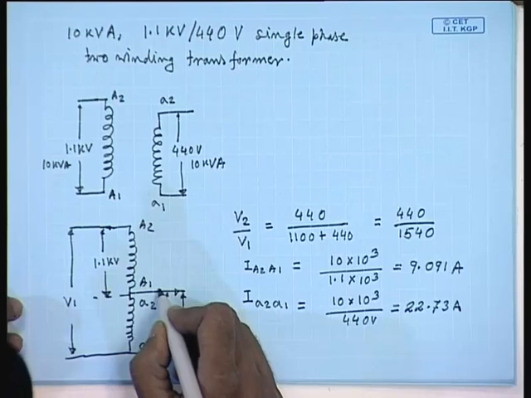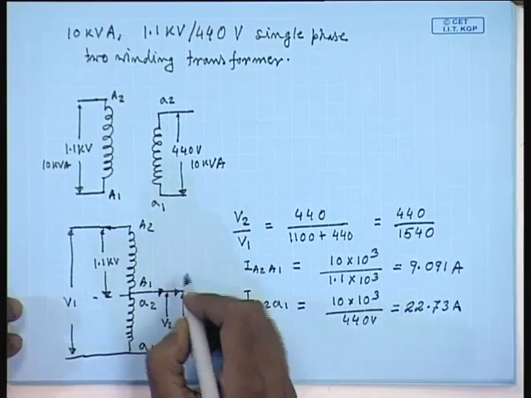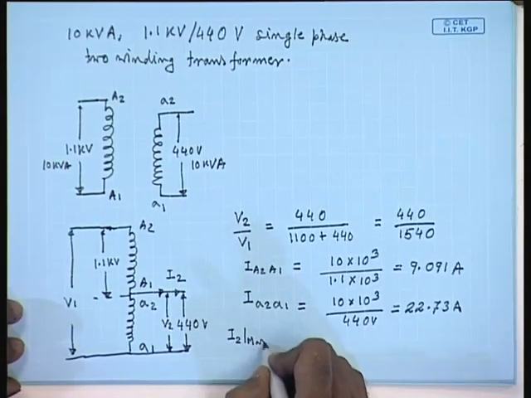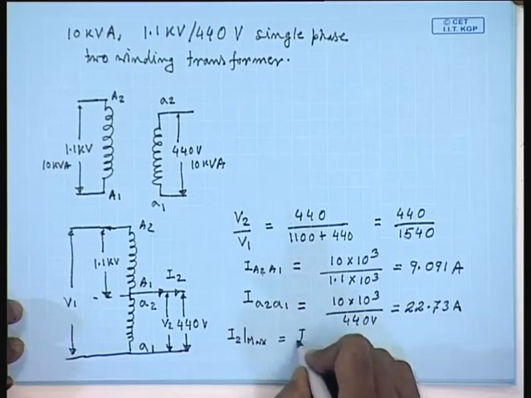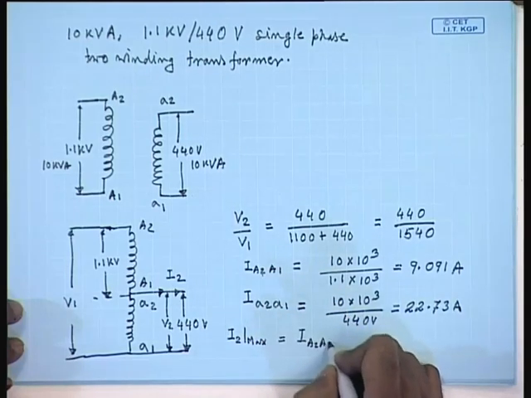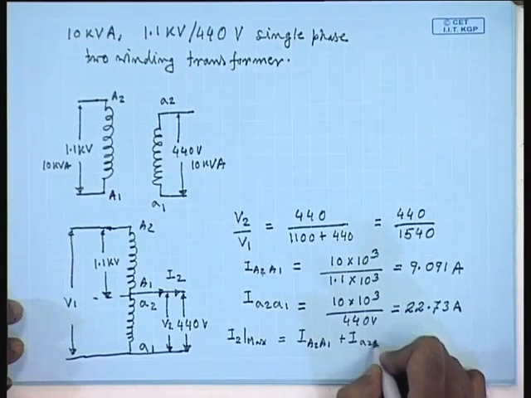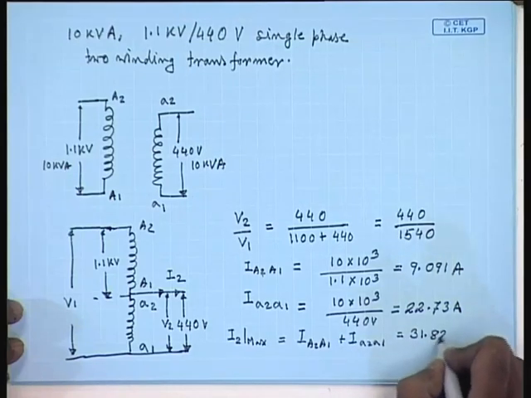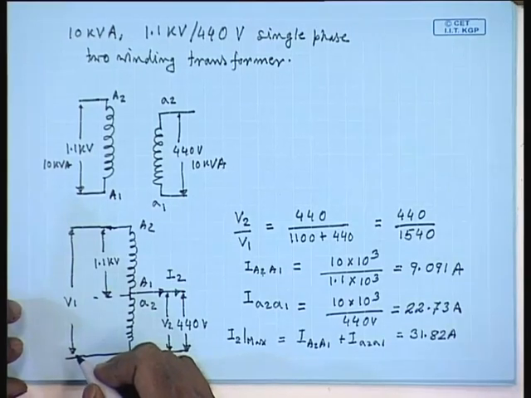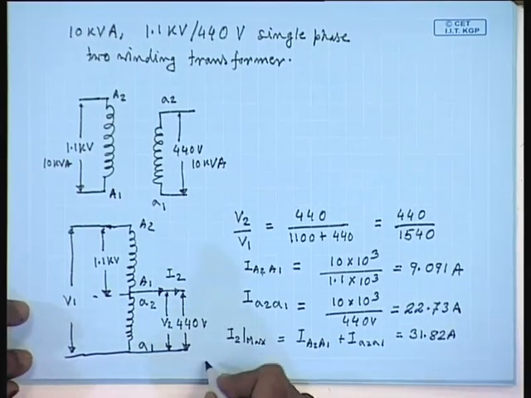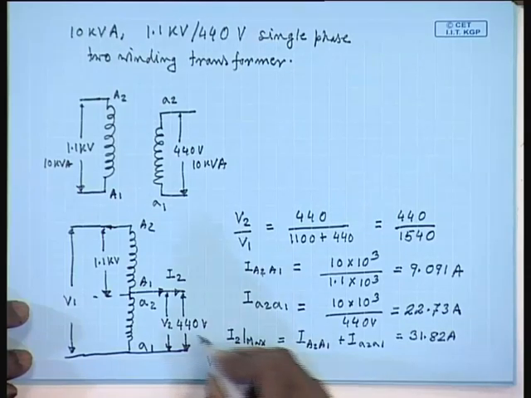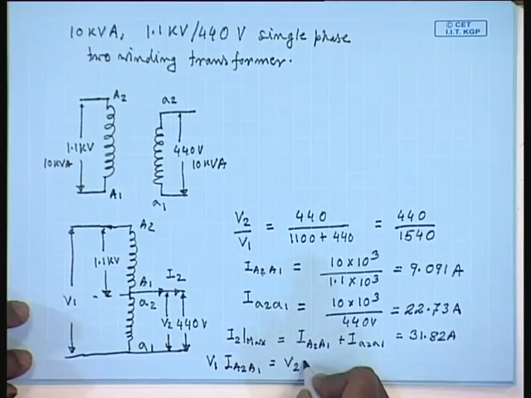Therefore, the maximum value of the output current I2 max will be the sum of these two. This should be equal to 31.82 amperes. Hence, the kVA rating will be V1 I2 max equal to V2 I2 max.